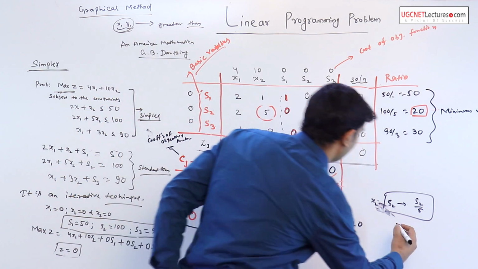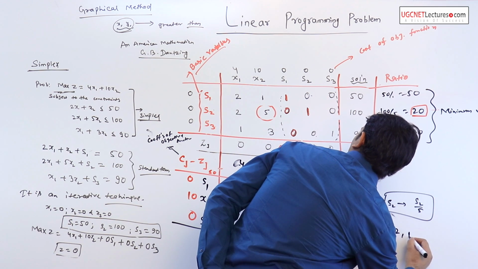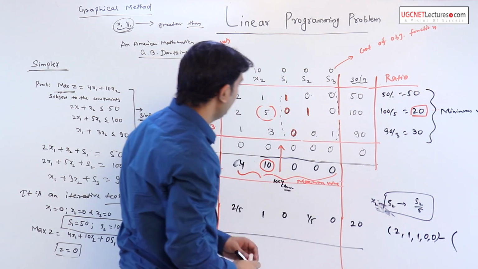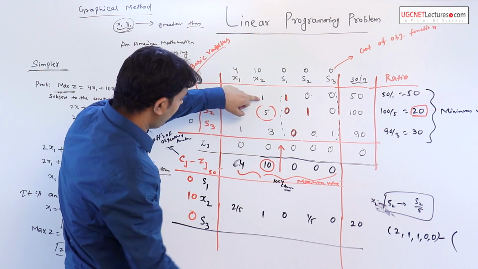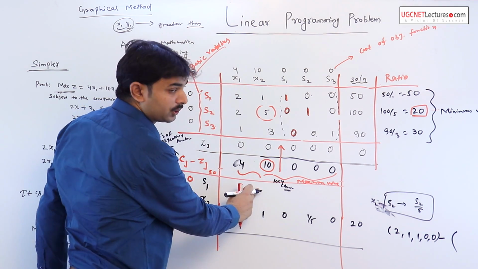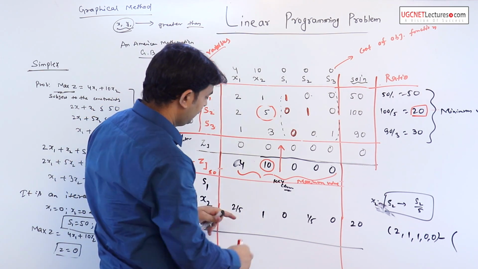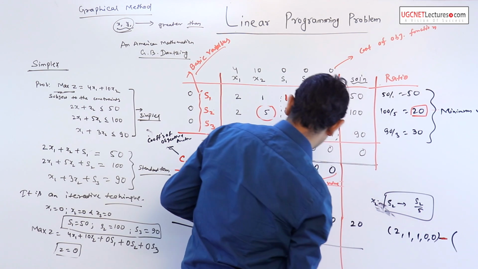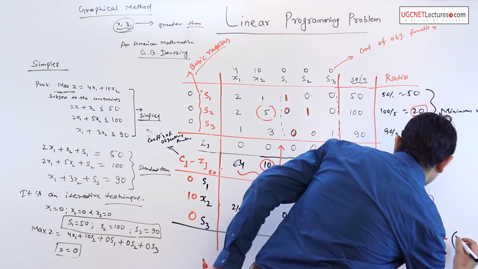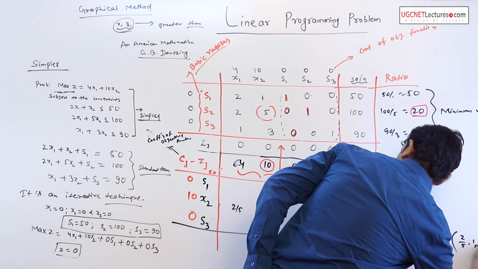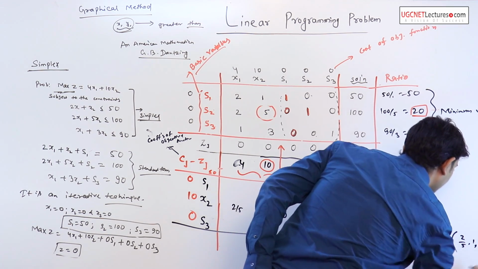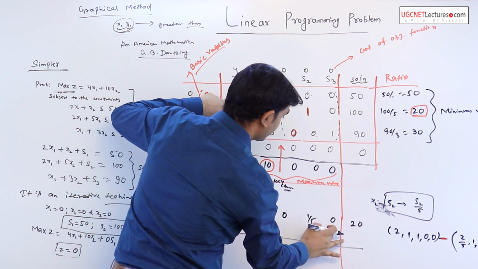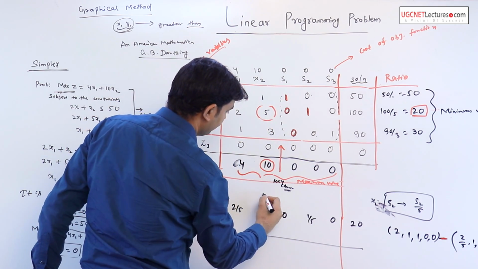Here it is 2, 1, 1, 0, 0 minus, if we subtract 1 minus 1 it gives 0 here, means simply minus 2 by 5, 1, 0, 1 by 5, comma 0. If we subtract this equation by this equation we have 0 here.